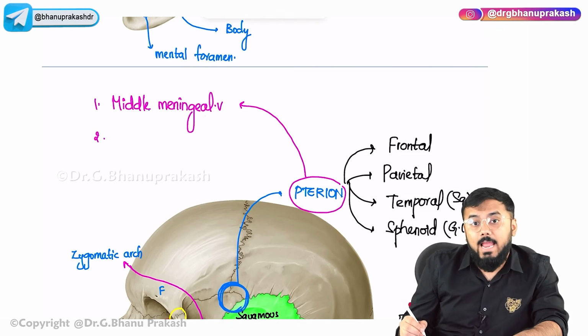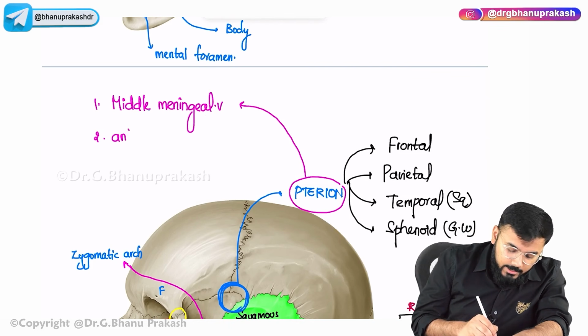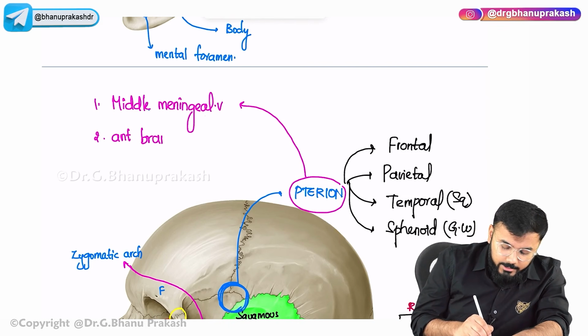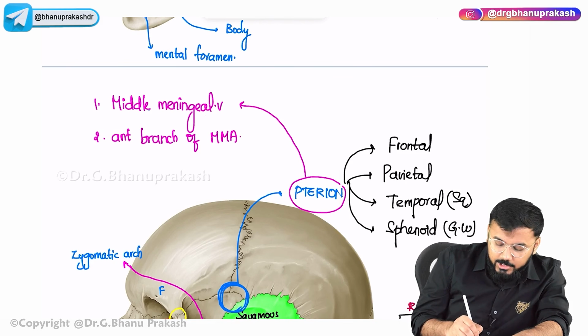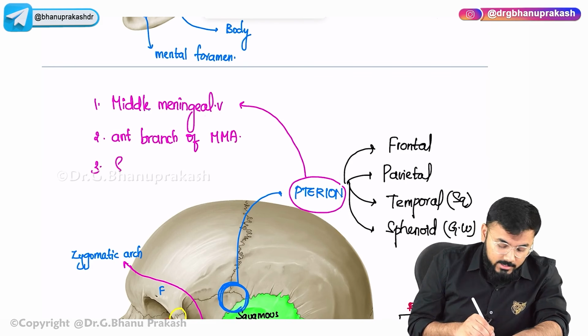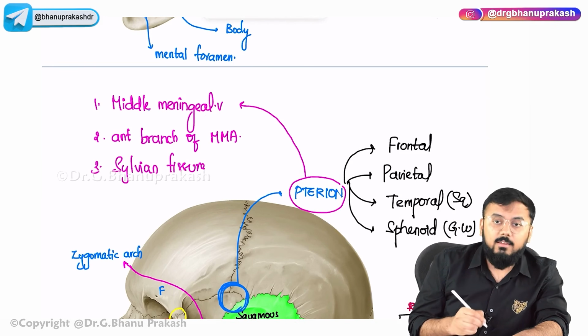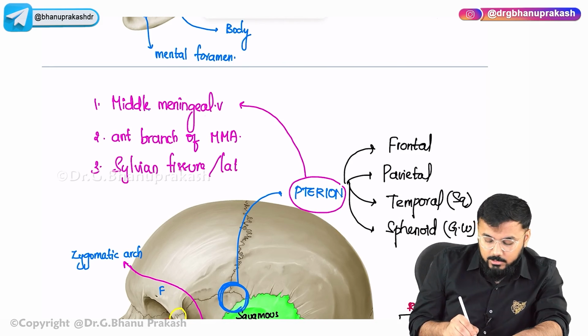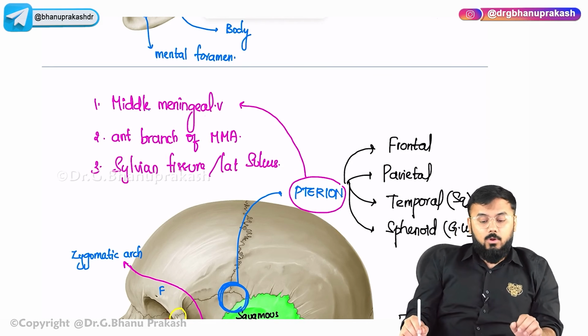Second important thing is the anterior branch of the middle meningeal artery. Next you even have the Sylvian fissure, right? Sylvian fissure or Sylvian sulcus or the lateral sulcus. In neuroanatomy I have discussed what the lateral sulcus is and all, right?